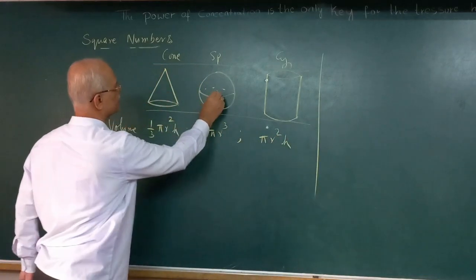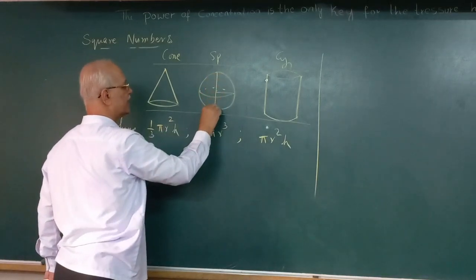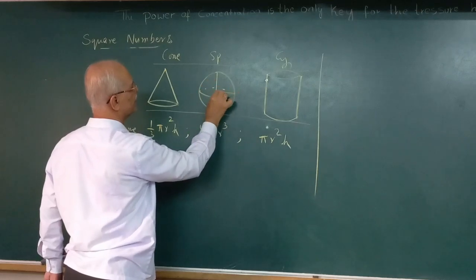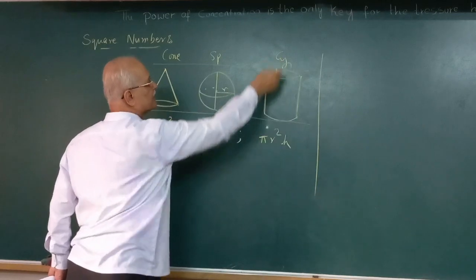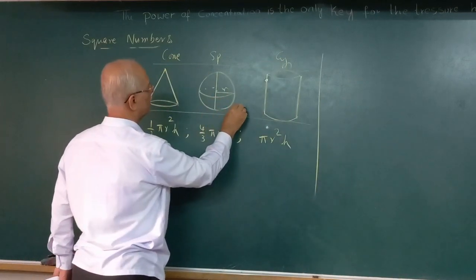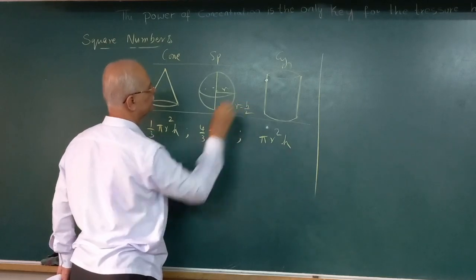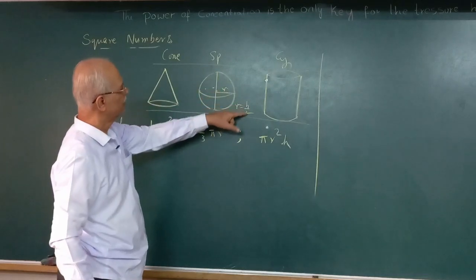Here, if I draw a diameter, what is this? This is the diameter and this is the radius. This is nothing but the height of the cylinder or the cone. So here r is equal to h by 2. Half of h is equal to r. R is equal to h by 2.